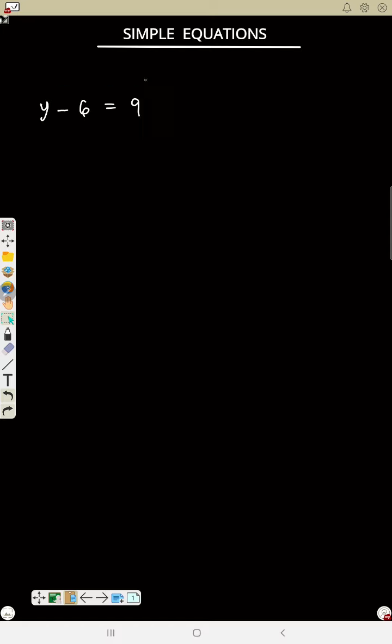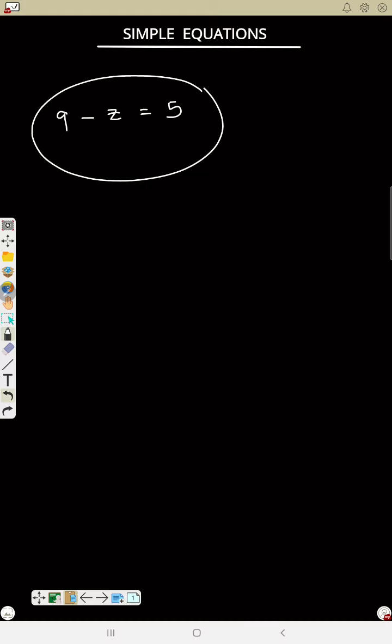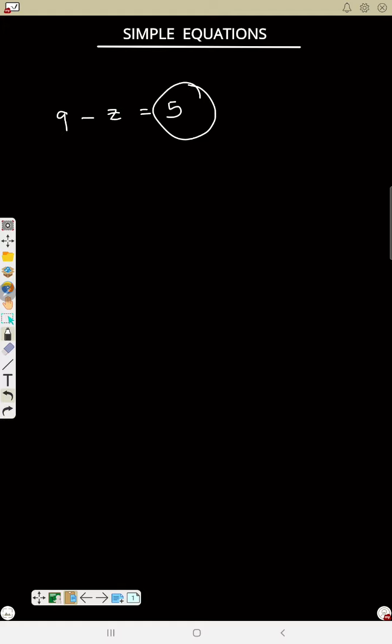Now what can you say about this? What's the meaning of this equation? 9 minus z is equals to 5. So what does this mean? It means when a number is subtracted from 9, the result is 5.